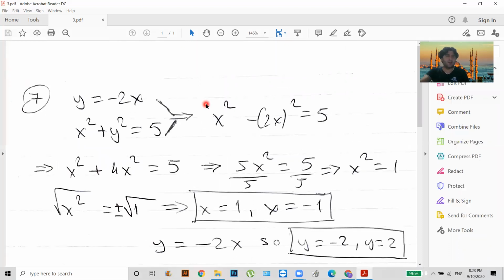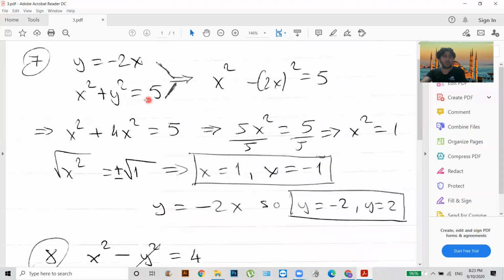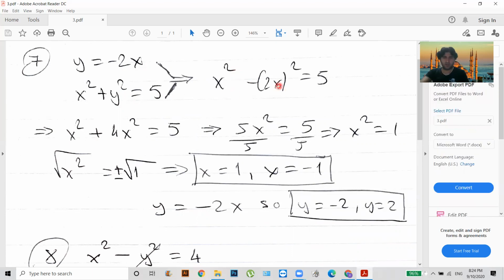Okay, so it says y equals negative 2x, x squared plus y squared equals 5. Since y equals negative 2x, and x squared plus y squared equals 5, I'm going to write negative 2x instead of y.